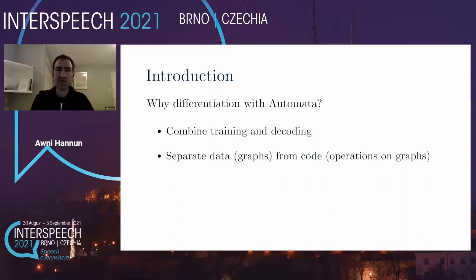Another benefit, kind of a more pragmatic benefit of combining training and decoding, is that it's really nice to only have one code path for how your system works, right? If you implement the training algorithm, and then you have to re-implement a completely different approach for decoding, there's a lot of opportunity for bugs to be introduced in the translation.